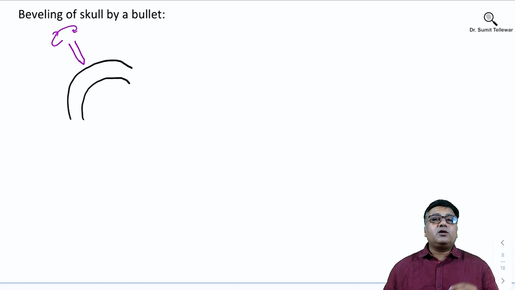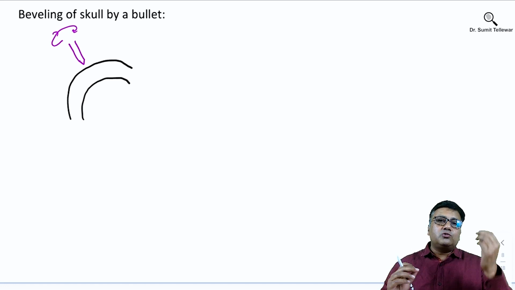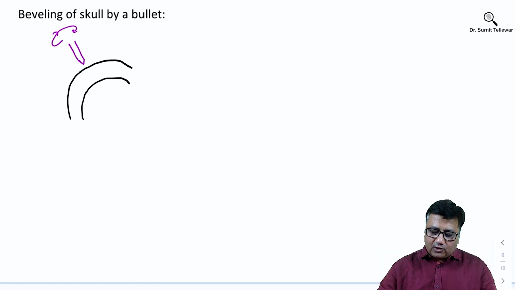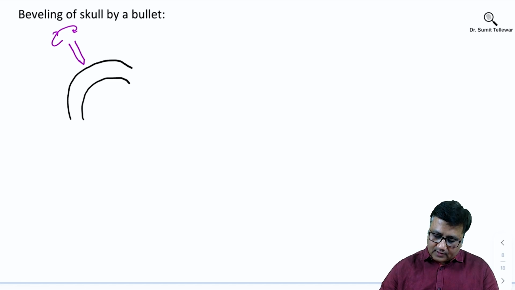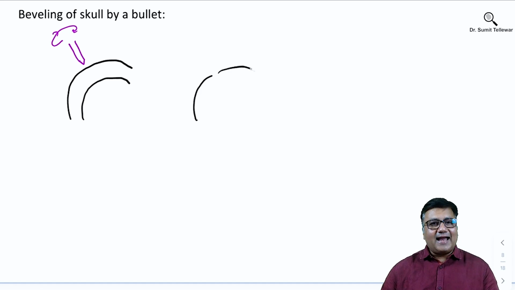But that hole is not equal outside and inside. So when the hole happens, something like this. The outside hole is small and it is neatly punched out in appearance. The inside hole is larger.